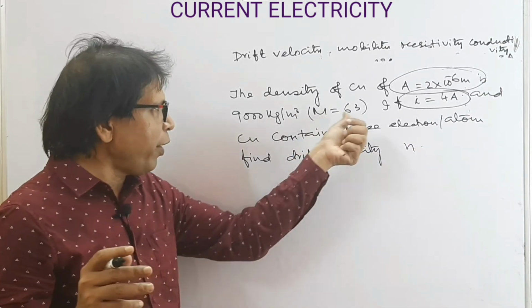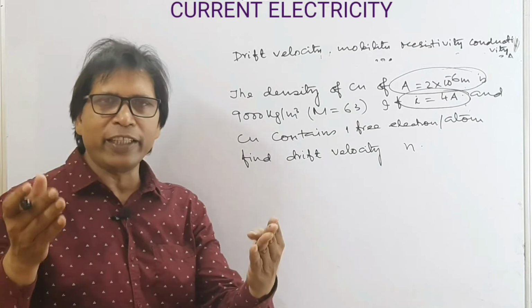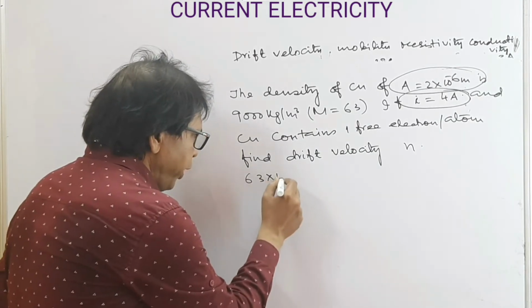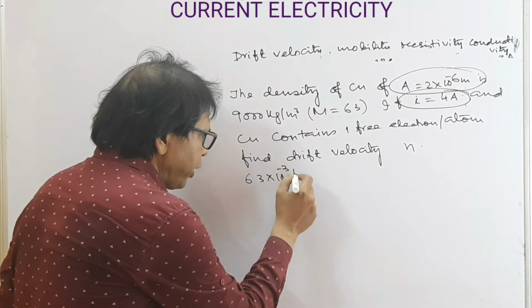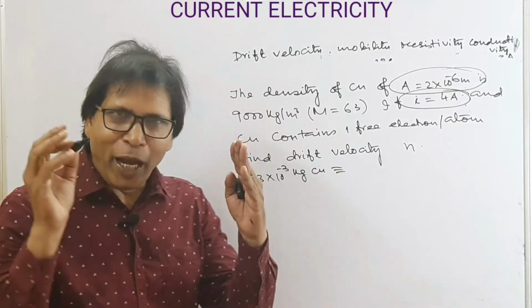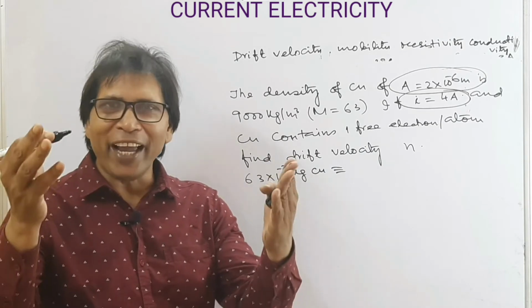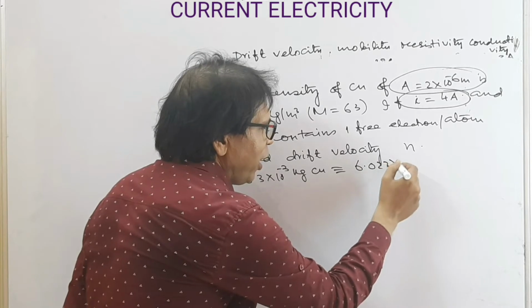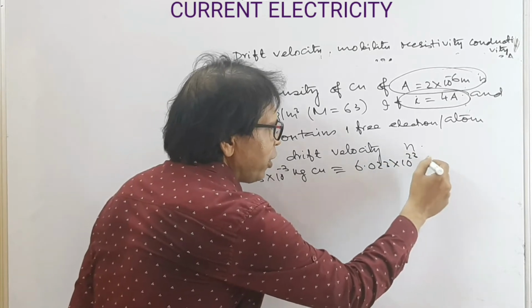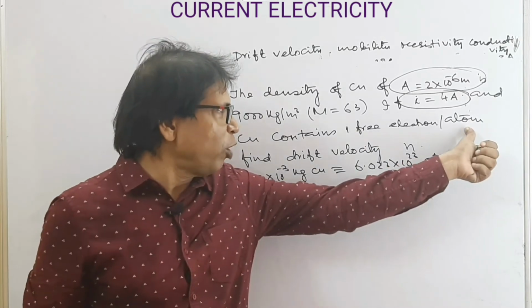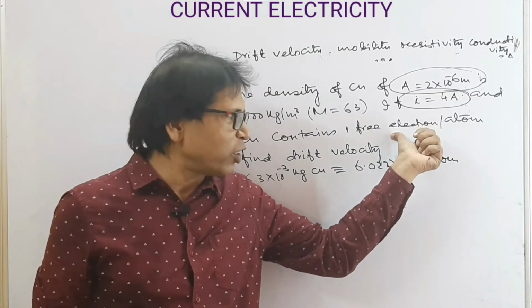Now the molecular weight of copper 63, therefore 63 into 10 to the power minus 3 kg copper equivalent Avogadro number of atom. So this is the 6.023 into 10 to the power 23 atom. Now look at this. One atom contains 1 free electron.